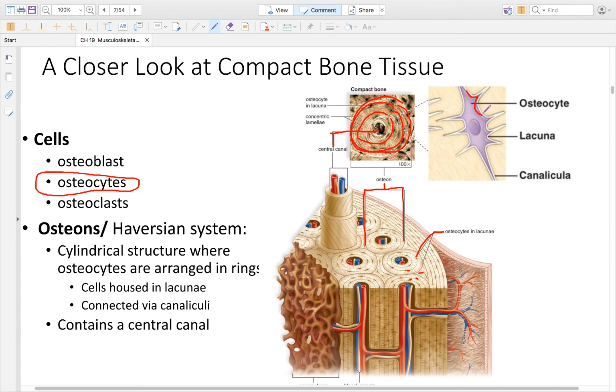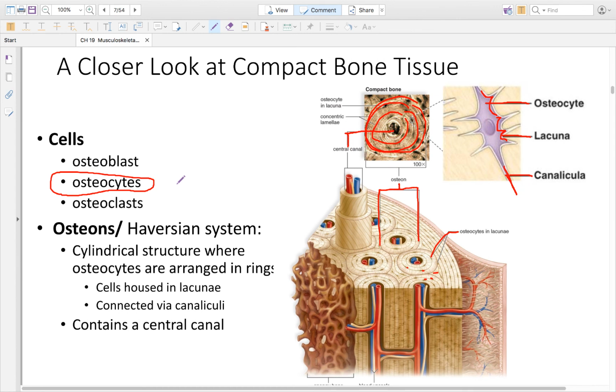There's the nucleus, right? And this is what it looks like. And the little chamber that it sits in is the lacuna. And each osteocyte and lacuna connects to one another through these canaliculi. All right, so you want to know, of course, those three structures.